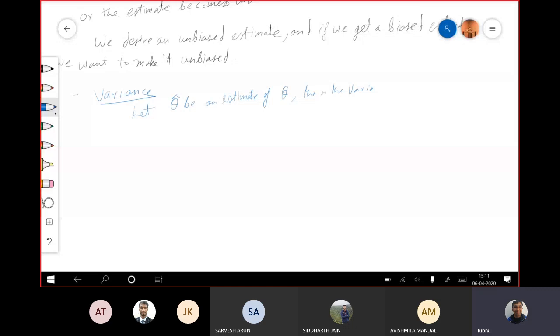So see, this is not the variance of a random variable. This is the variance of the estimate, which is the estimated value minus the true value. So this is how we define the variance of the estimate. And since the estimate is a random variable, we would want a minimum variance estimate.